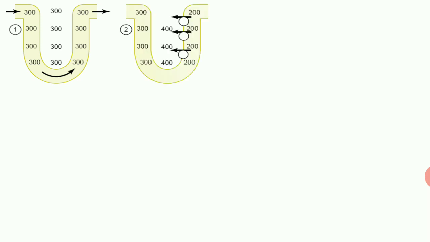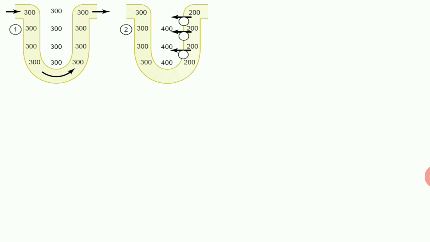If we apply the first mechanism, that the thick ascending limb of loop of Henle is actively pumping sodium, potassium, 2 chloride, it is able to generate a gradient of 200 milliosmol between the interstitium and the tubular lumen. So now the interstitium osmolarity increases up to 400.